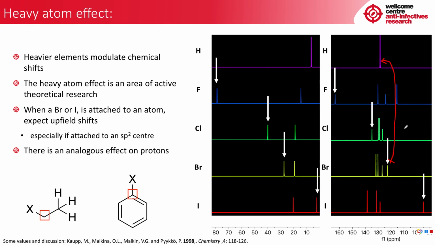And if we then take this example further to iodine, now the difference is much bigger, and the heavy atom effect has shifted our carbon all the way down to around about 95 ppm, just on the edge of what we would normally consider the aromatic region.